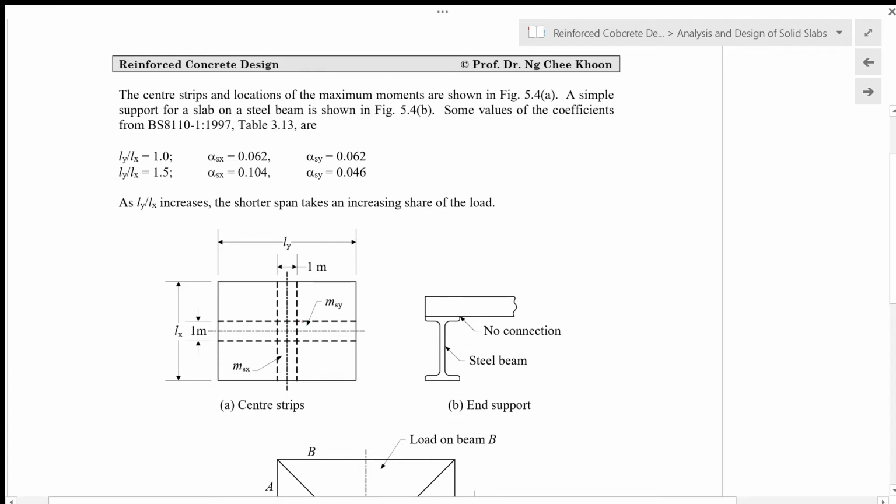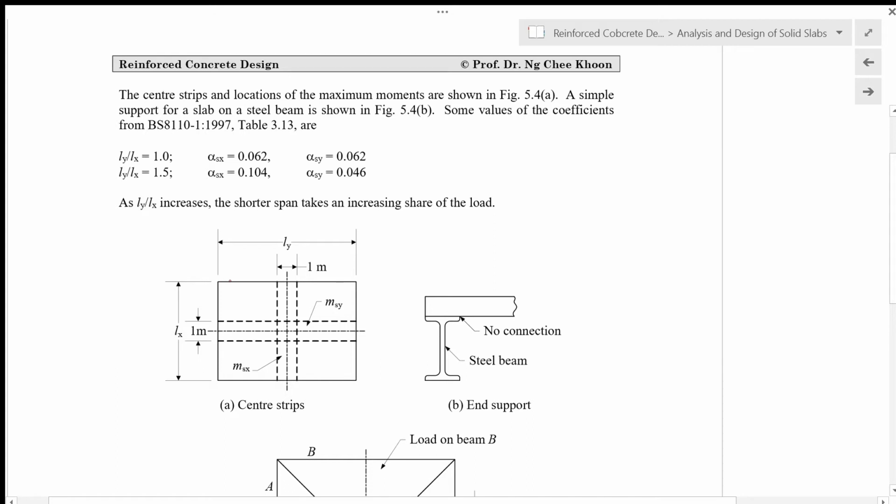For LY we have MSY, and for LX we have MSX, and each strip is taken as 1 meter width as we have used in the one-way slab design.